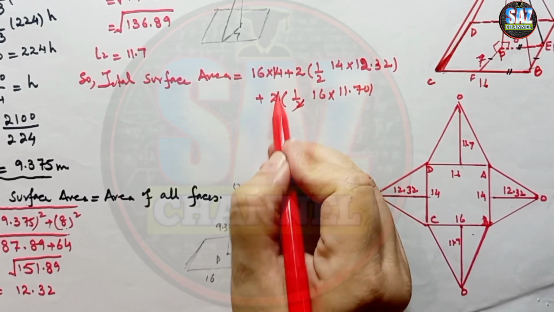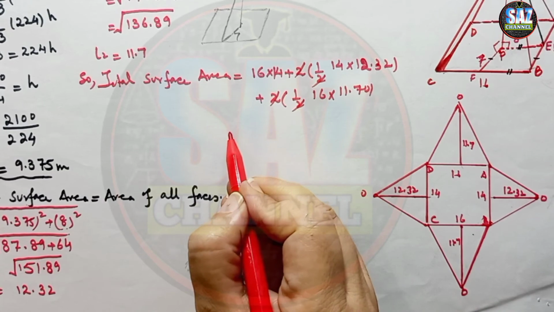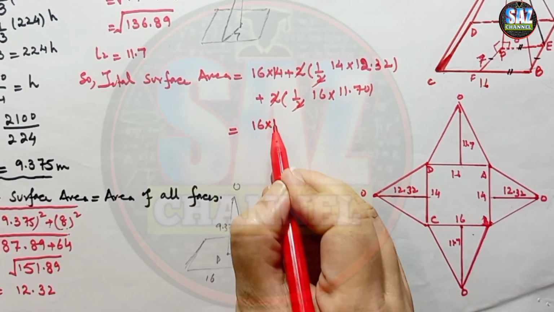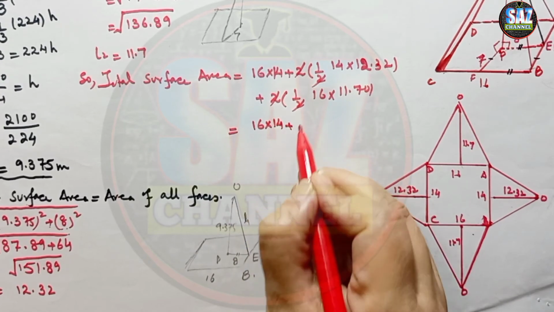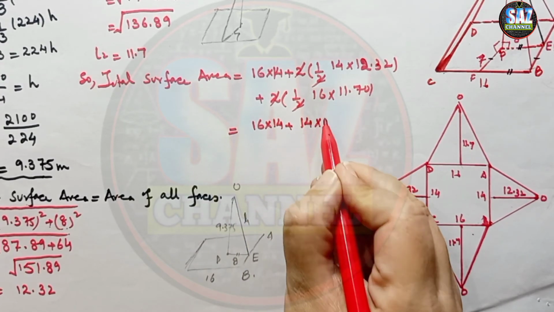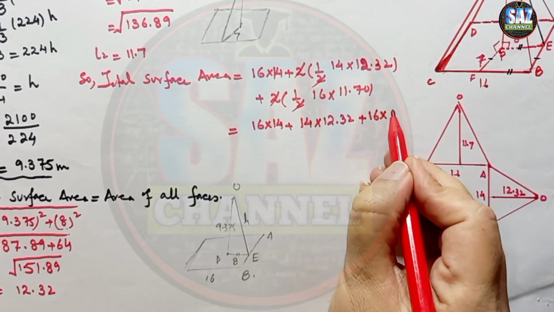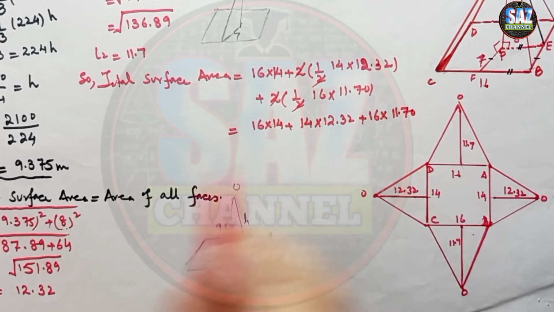Now this 2 can go with this 2, and I will be left with 16 by 14 plus 14 by 12.32 plus 16 multiplied by 11.70.